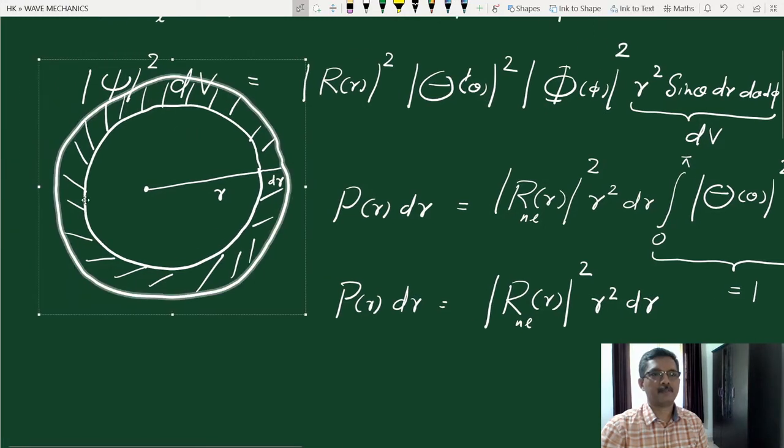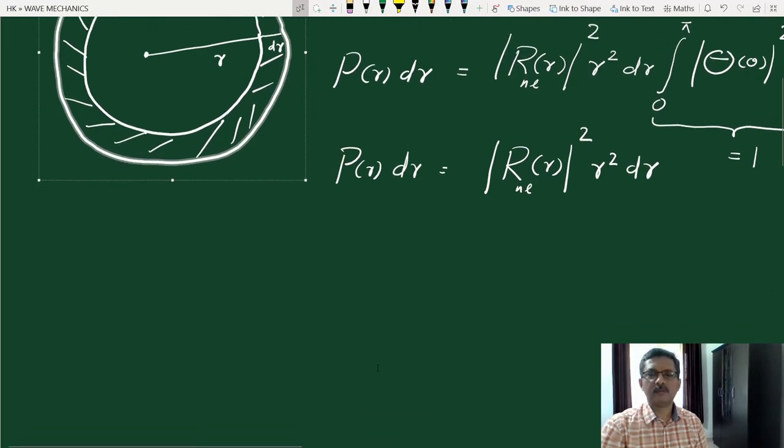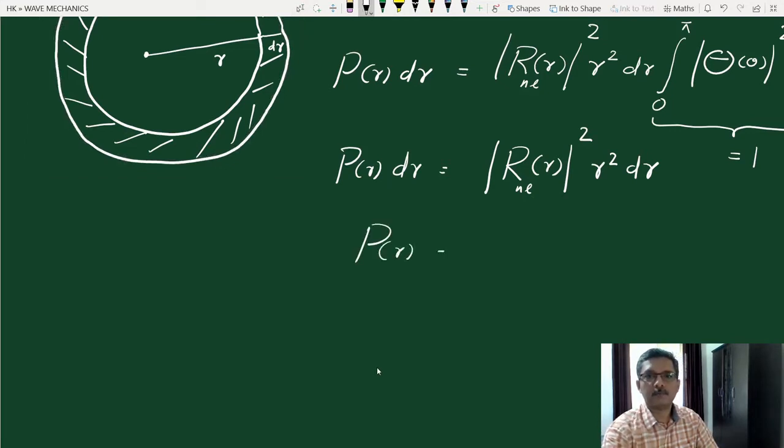So this probability of finding the electron between r and r plus dr per unit length, probability per unit length, we can define this as P(r). So you just divide this by the width dr. So what you get is R of r squared into r squared.